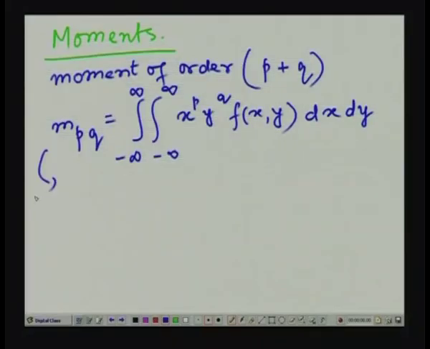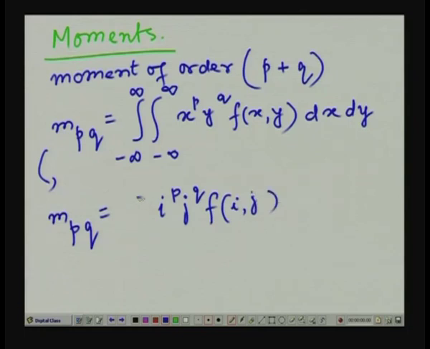In the discrete case, this expression is converted into m p q equal to i to the power p, j to the power q, f i j. Take the double summation where j varies from minus infinity to infinity and i also varies from minus infinity to infinity.